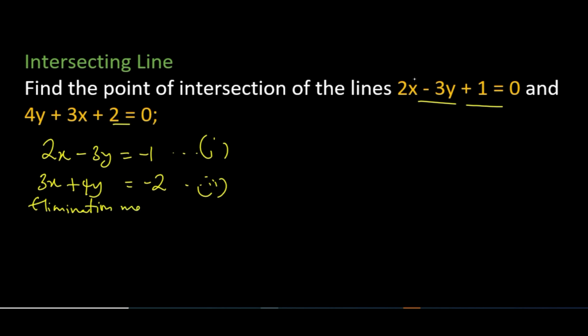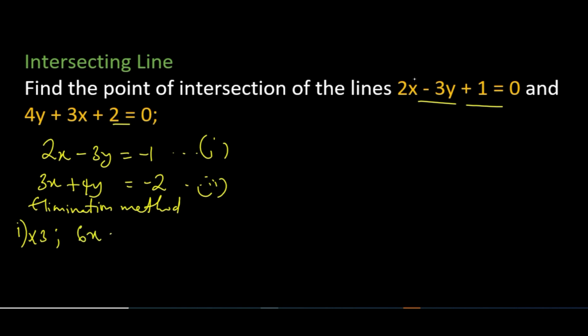By using the elimination method, let's say we multiply equation 1 by, we interchange the coefficients in order to get the same thing. We want to get 6x. So equation 1 we now multiply by 3, that is the coefficient of x in equation 2. So everything there is multiplied by 3.